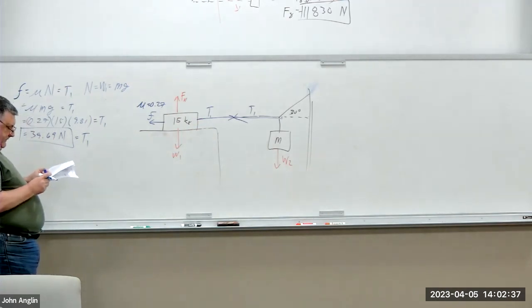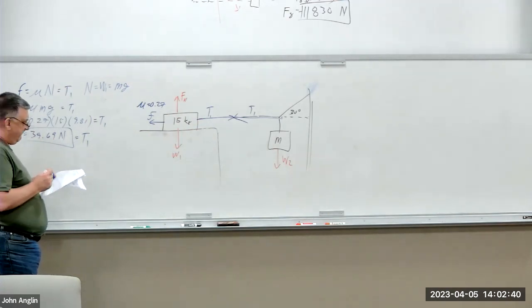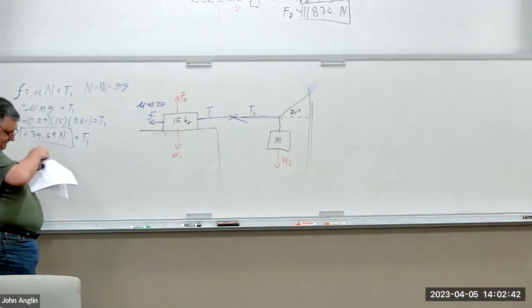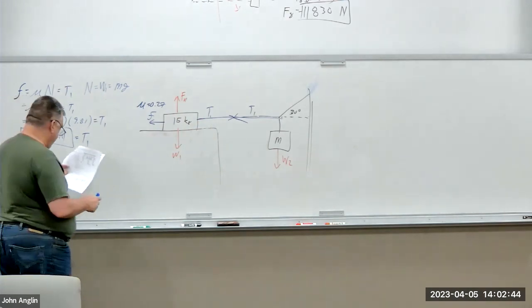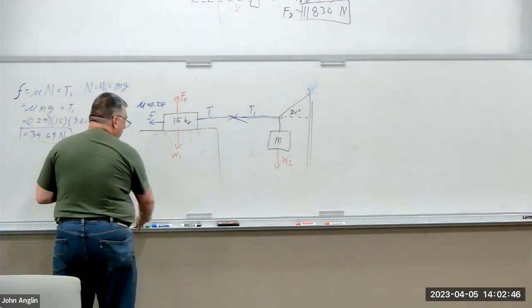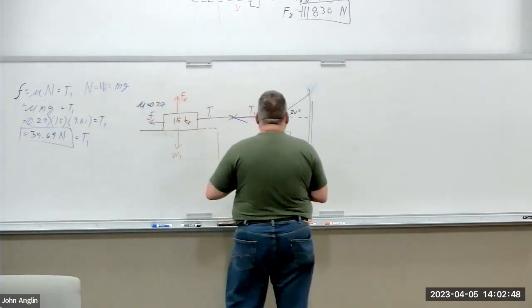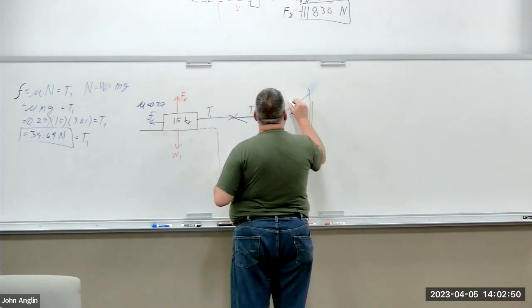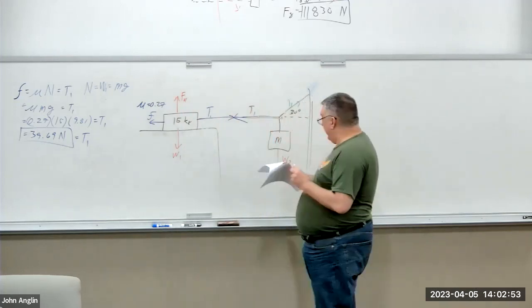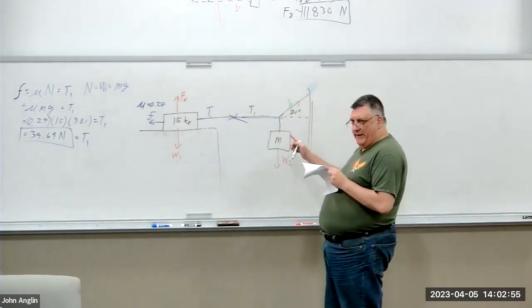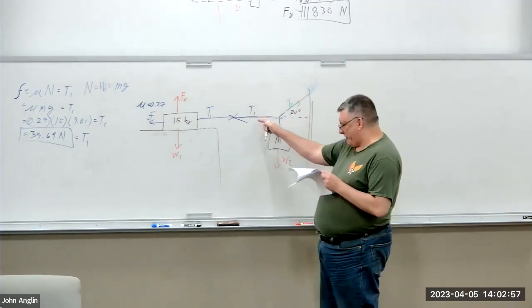Now we can start doing something interesting. Now let's look over here. So this rope has to have some other tension, right? Because there's this pivot point, so it's not restricted now.